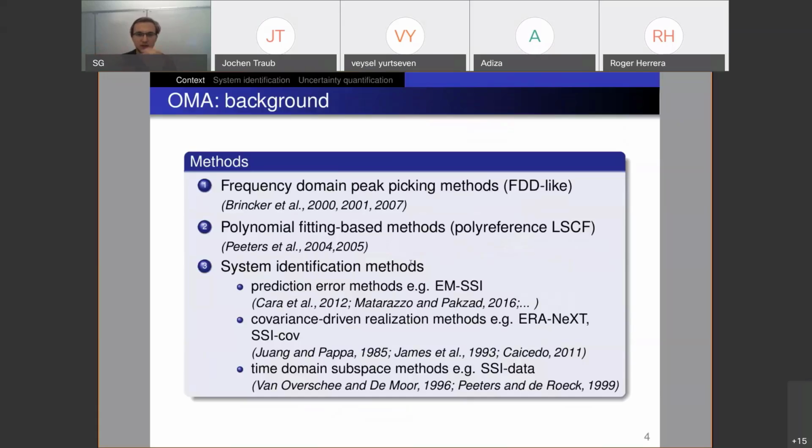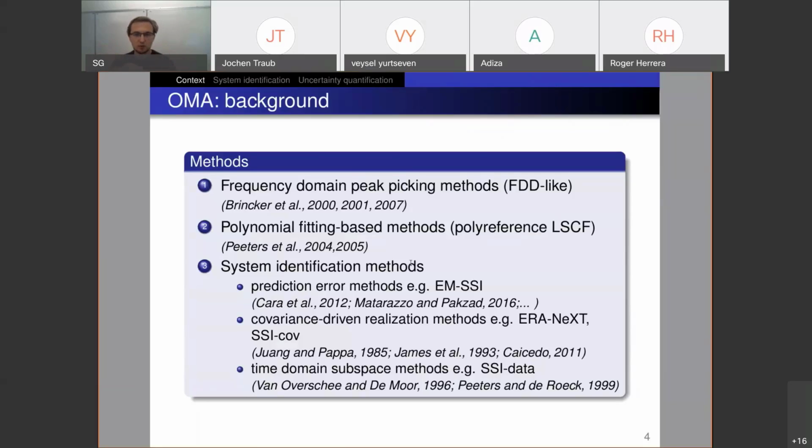Over the years, there were many methods made for operational model analysis, and here my purpose is not to go through all of them and outline all possibilities, but to focus on the mostly used and well-known methods in the community. So the first group of methods is based on picking the peaks of power spectral densities of output measurements, and they are called frequency domain decomposition methods.